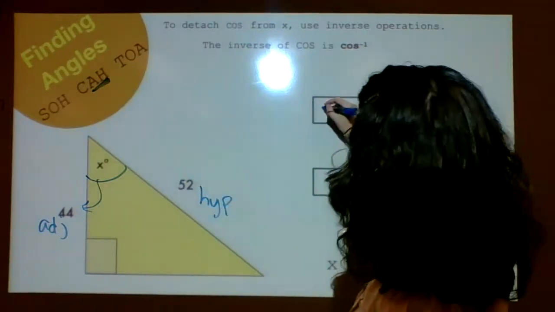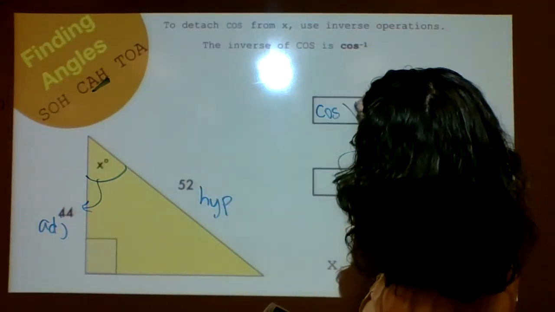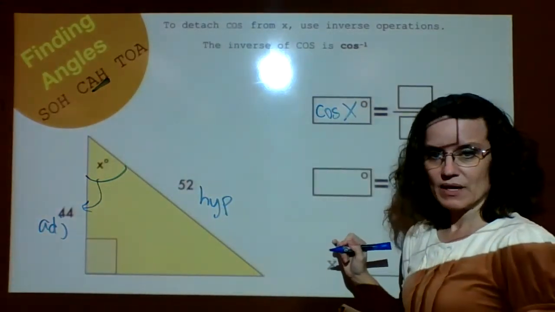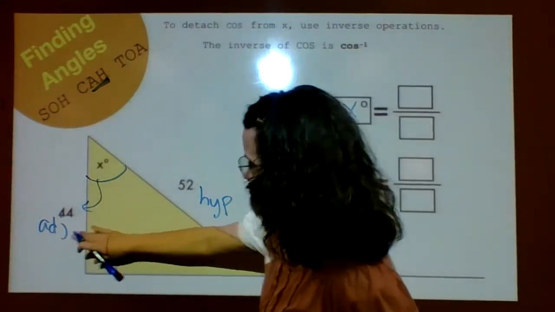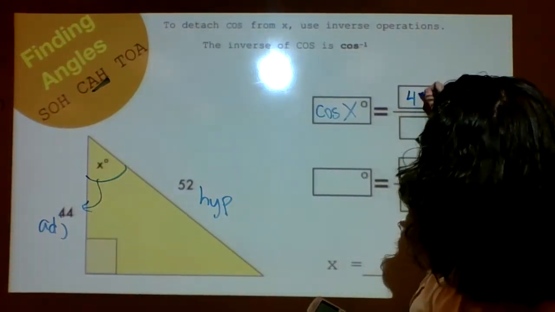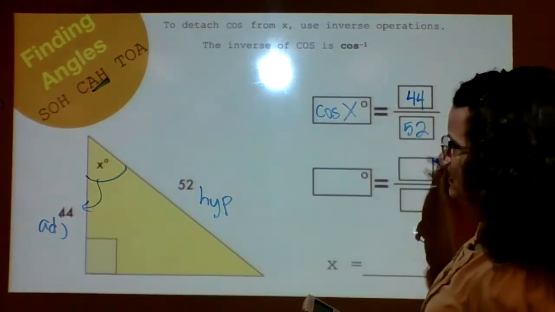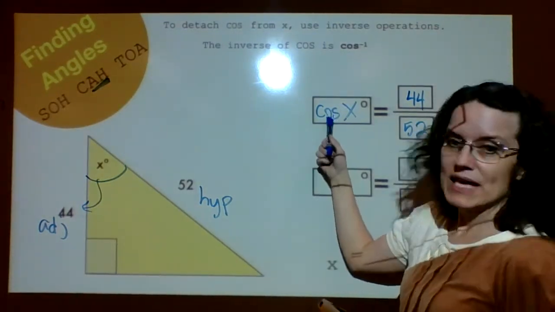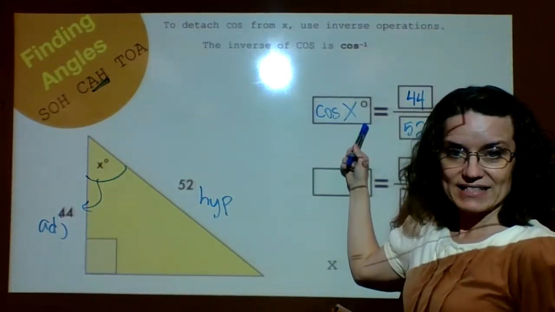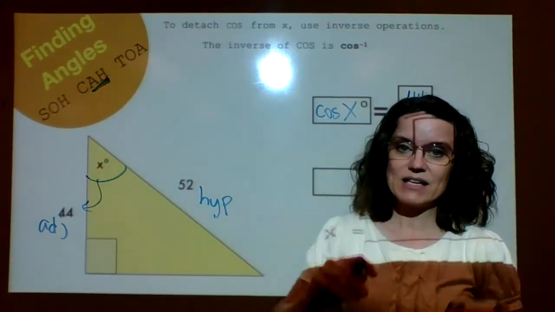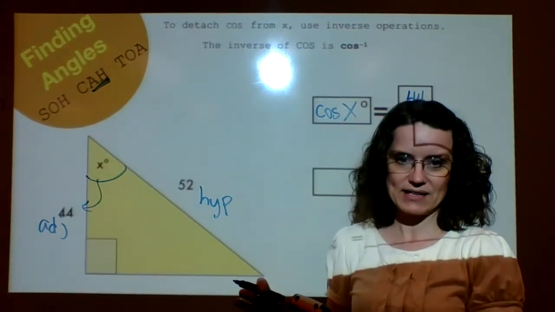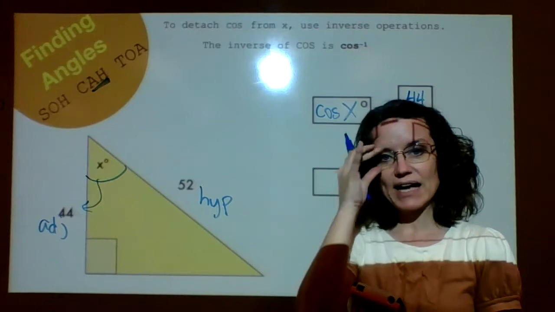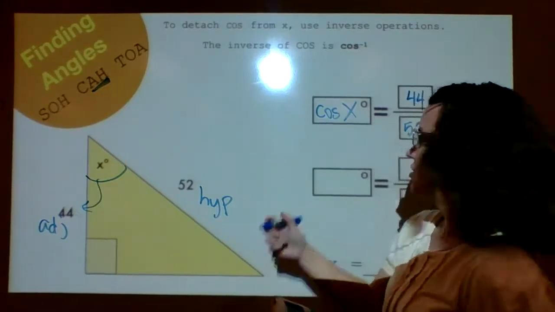And so over here, I know I'm going to want to do the cosine of my mystery angle, and that it's going to involve the adjacent and the hypotenuse. So 44 over 52. And so we need to get the cosine off of my x. It's not times by x. Cosine is being done to the x.